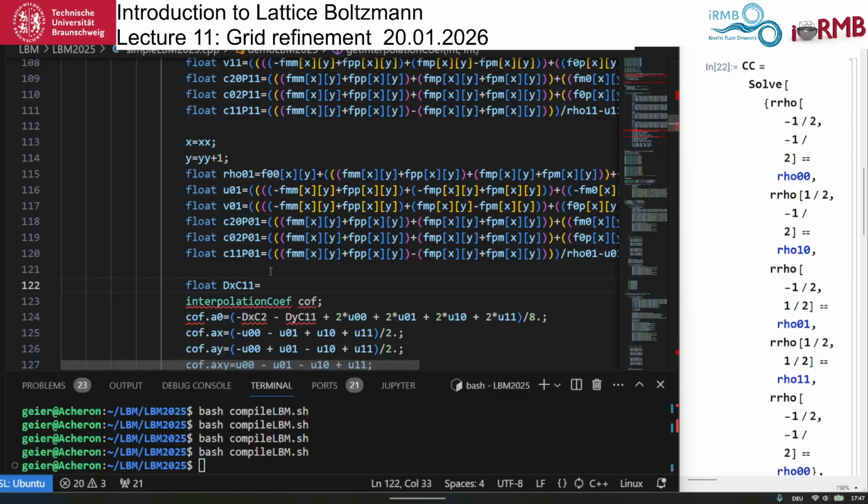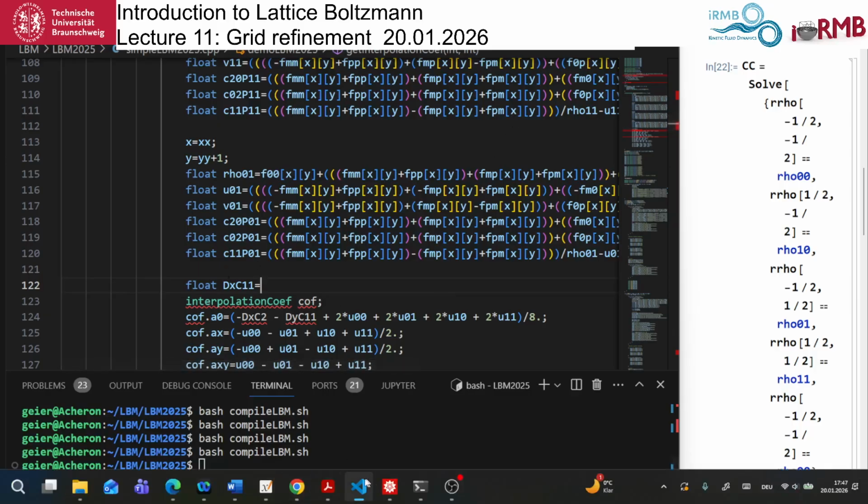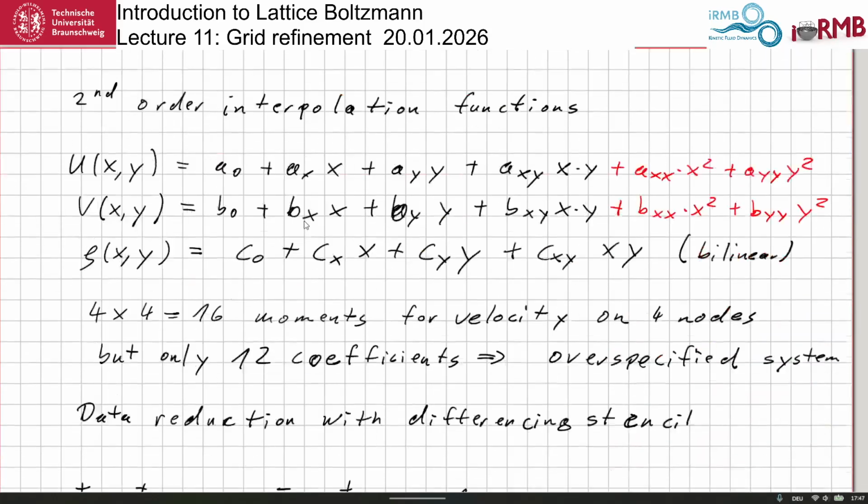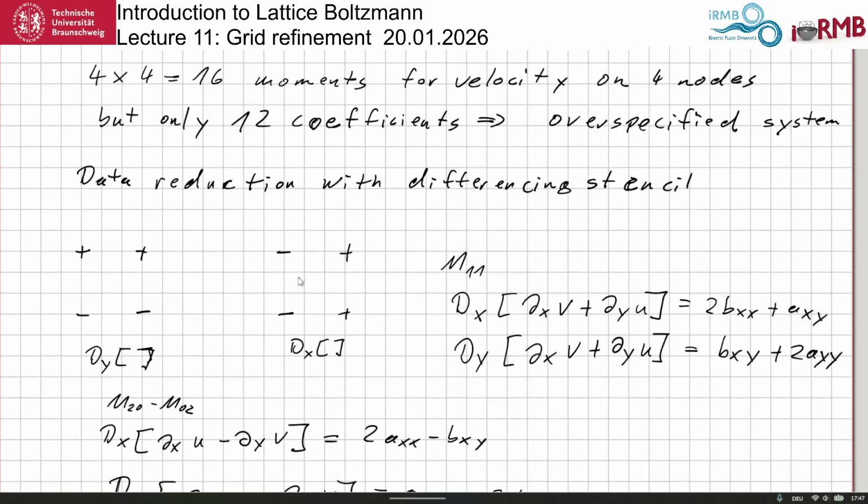So this is now, okay, let's first apply the stencil. Let's have a look at the stencil. It's the X stencil, and where's the X stencil?